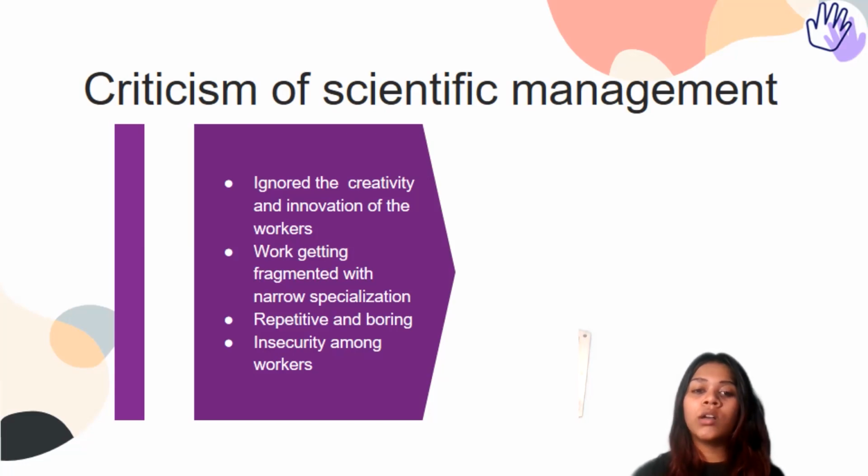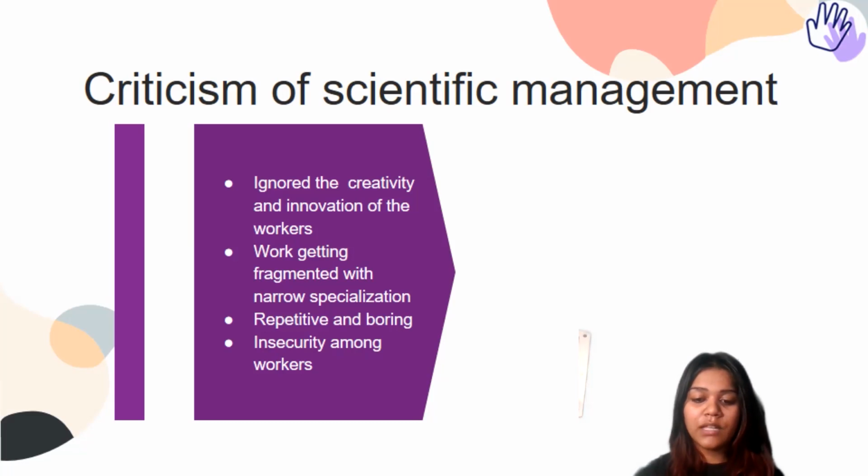Next one is work getting fragmented with narrow specialization. This means that workers are assigned tasks on the basis of what managers think they can do. They could not put in their other expertise because they were already allocated based on one particular specialization. That was the sole basis of assigning work to the workers.